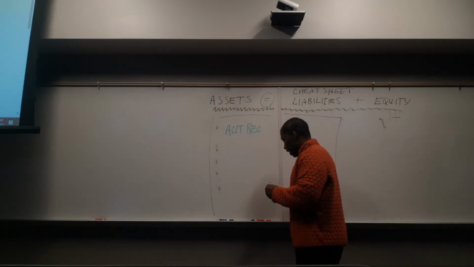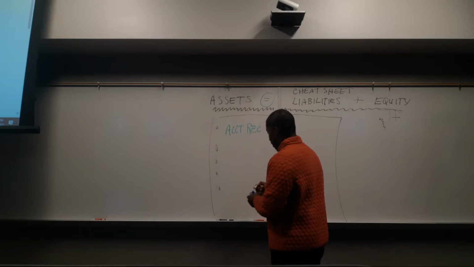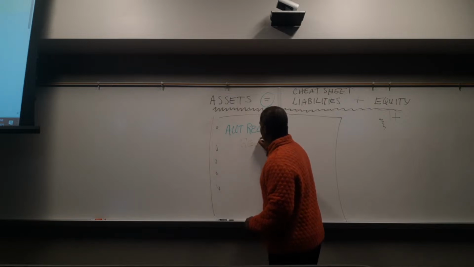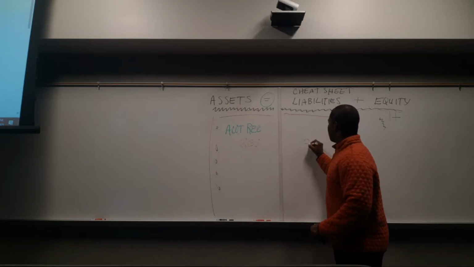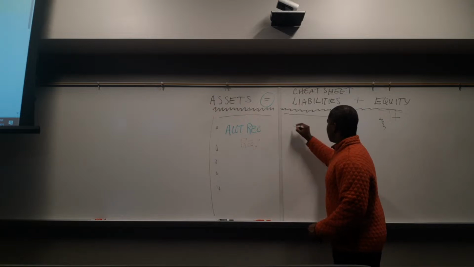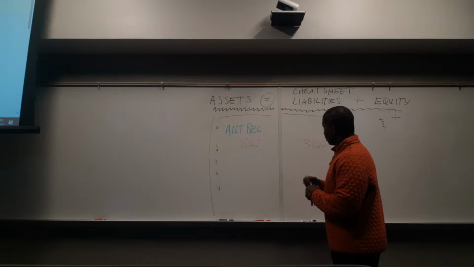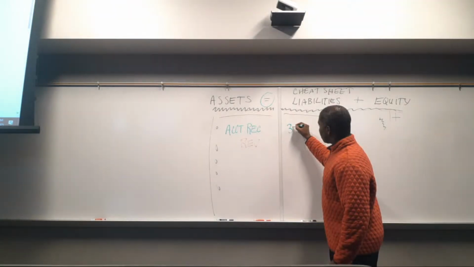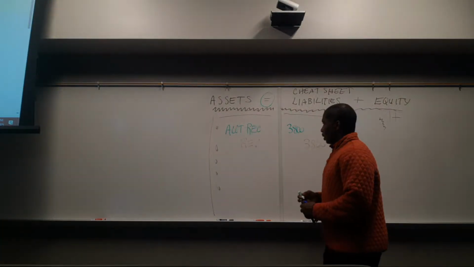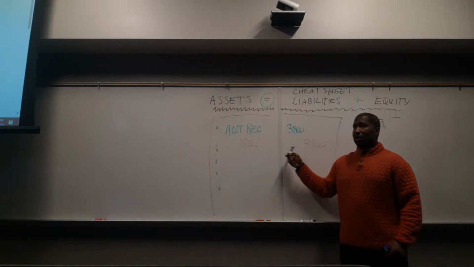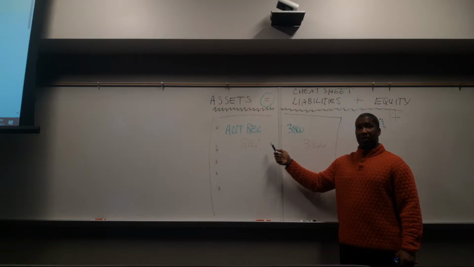So we're going to go ahead and record our income or our revenue here. I think it was $3,800, right? And that's what we have. Does it make sense why we credited our revenues, right? Does it make sense?